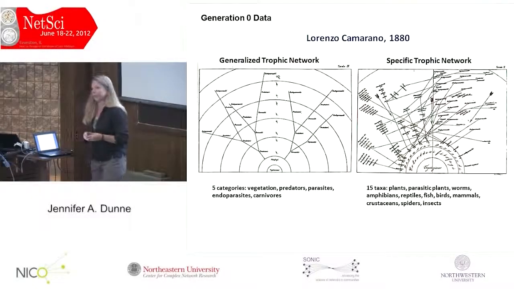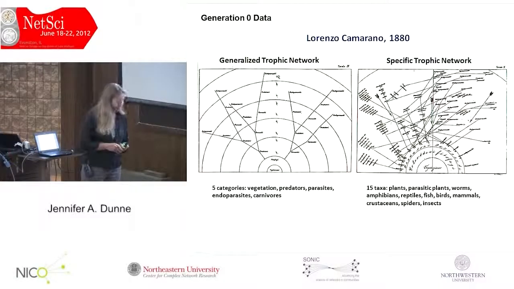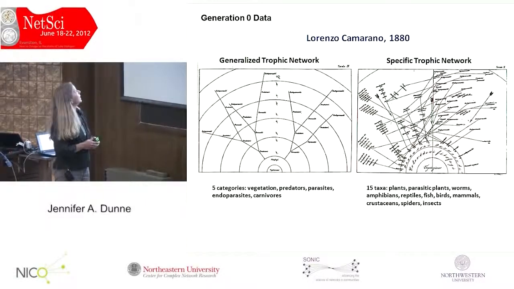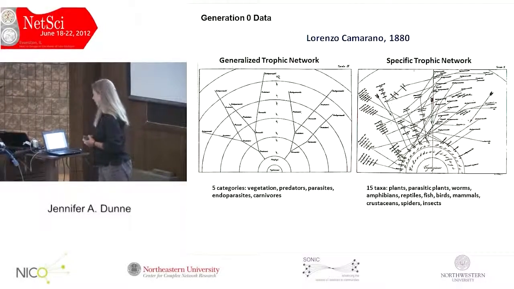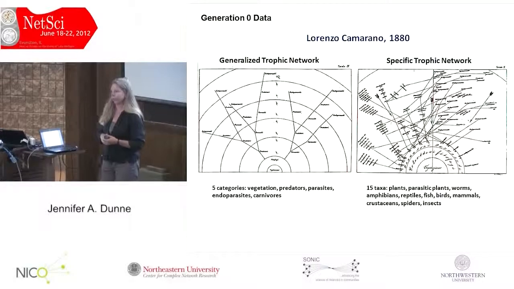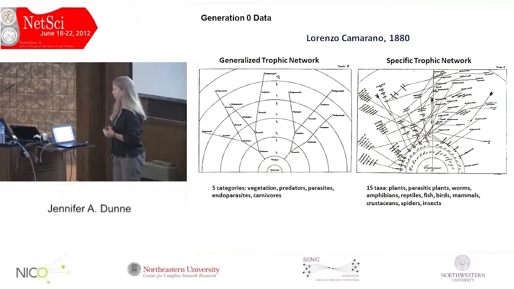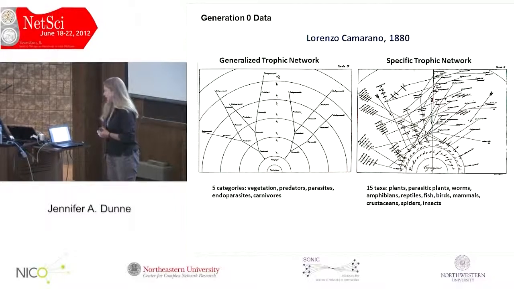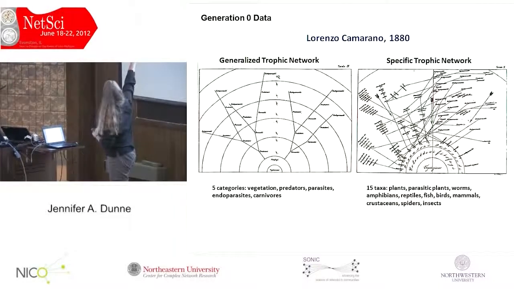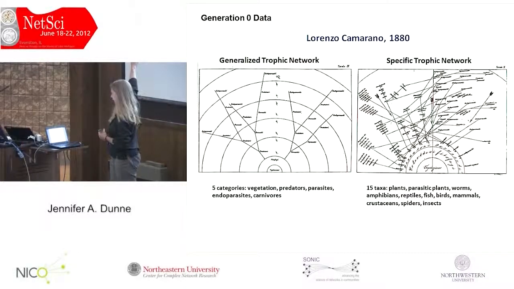So first to focus on data, generation zero. What was generation zero? In 1880, Lorenzo Camerano, an Italian scientist, published the first known graphics of ecological networks, of feeding networks. Up here on the left is a generalized trophic network with 5 different categories.